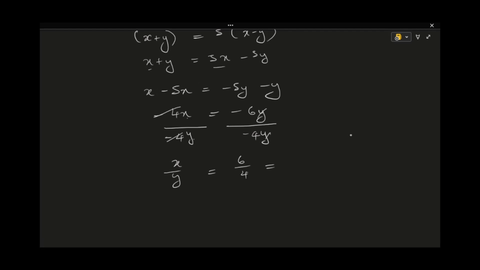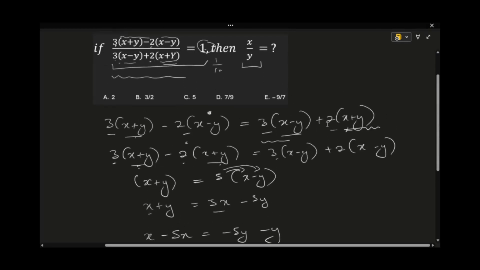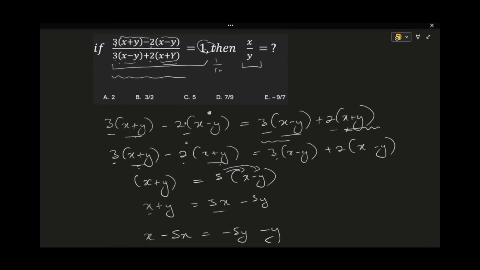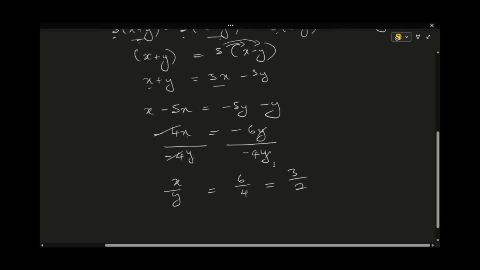And then if you try to simplify that, this will give us 3 over 2. Now let's see if we have 3 over 2 up here, and as it happens we have 3 over 2 as b, right?